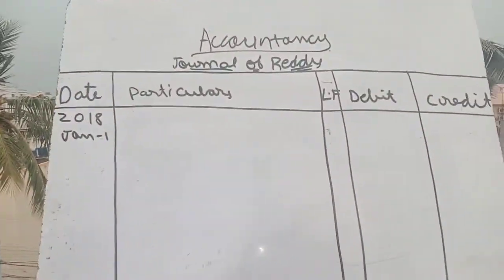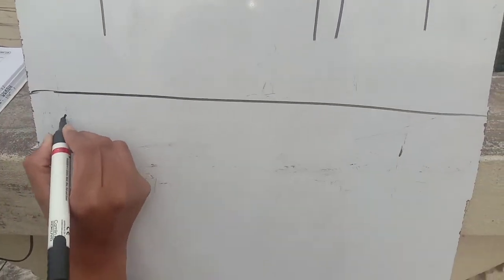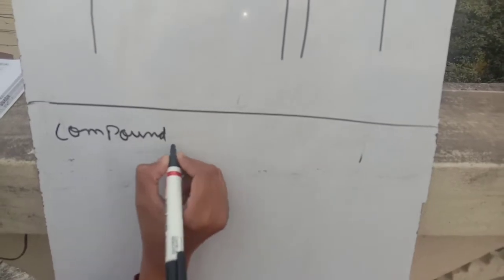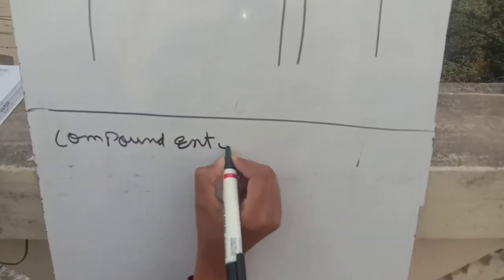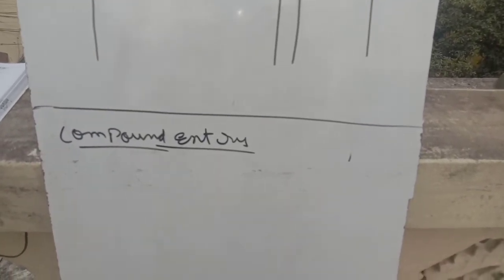So here we can sit down. First, a compound entry. What is a compound entry? That means either two items will be in debit and one item in credit, or one item in debit and two items in credit, but the total amount of debits and credits should be equal.